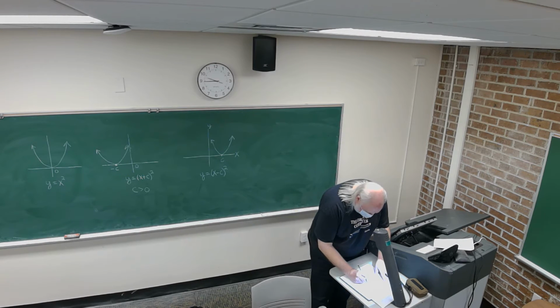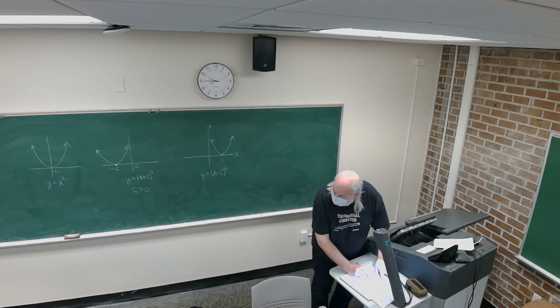So here's the origin. To go left 3 units, it puts you at minus 3 on the x-axis. And then you go down 2 units, and that's minus 2 on the y-axis. The vertex of the parabola down here was at the origin.